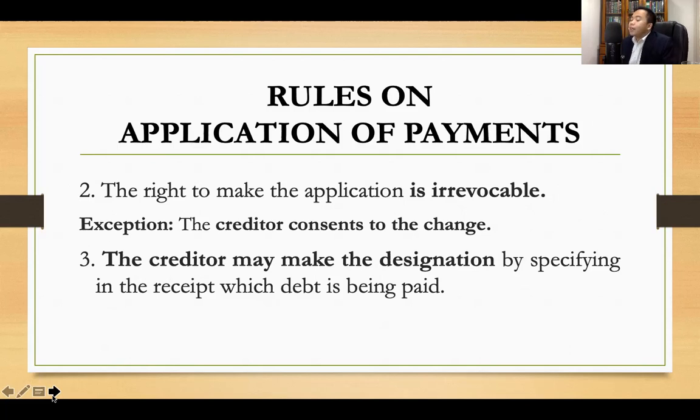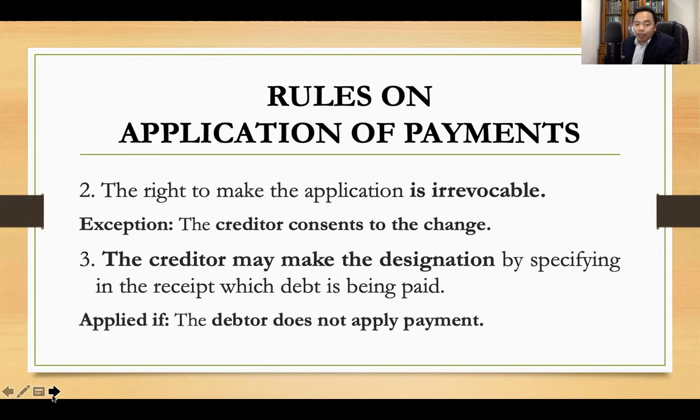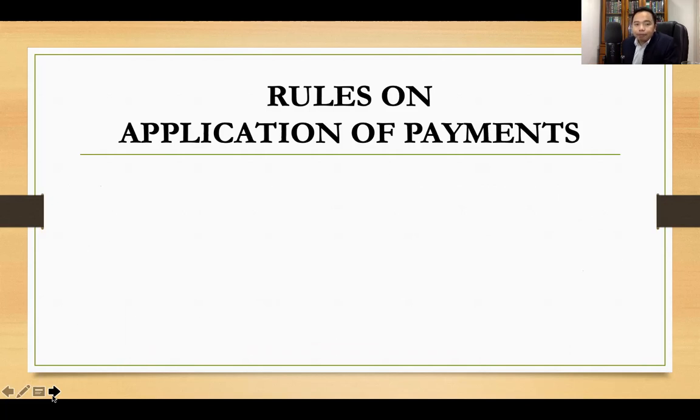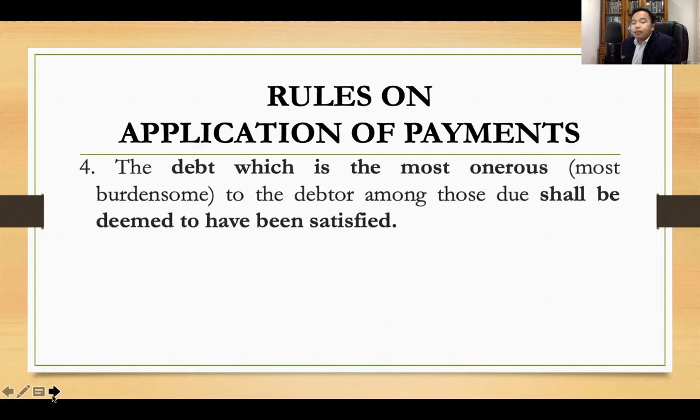And how can the creditor apply the payment made? He can indicate in the receipt the particular debt to which the payment is being applied. Okay? Number 4, the most onerous debt or the most burdensome. When you say most onerous, this debt has the most encumbrance.